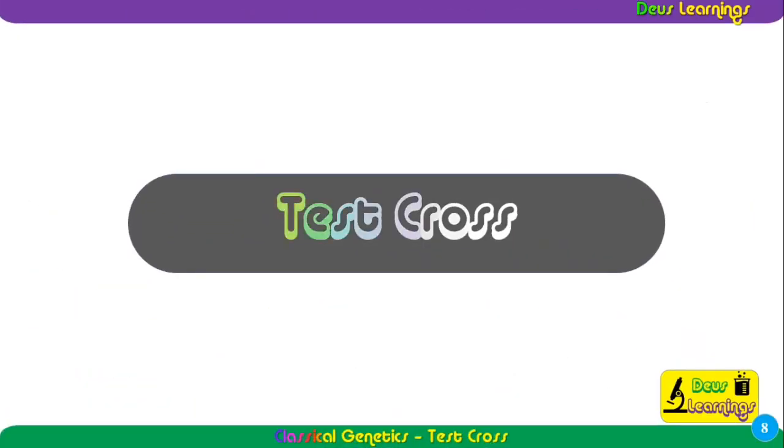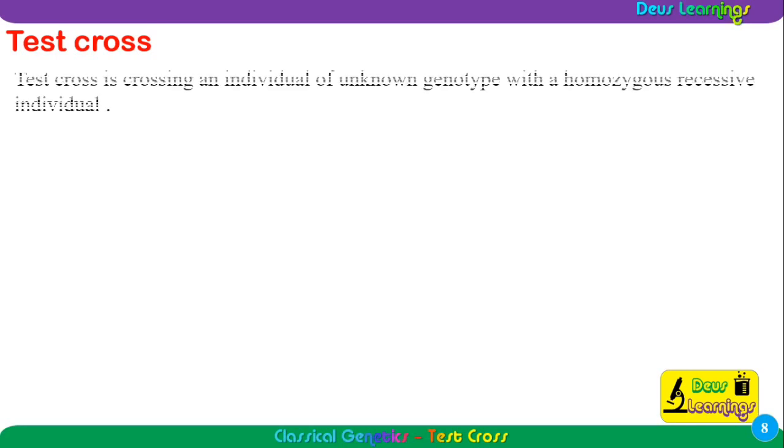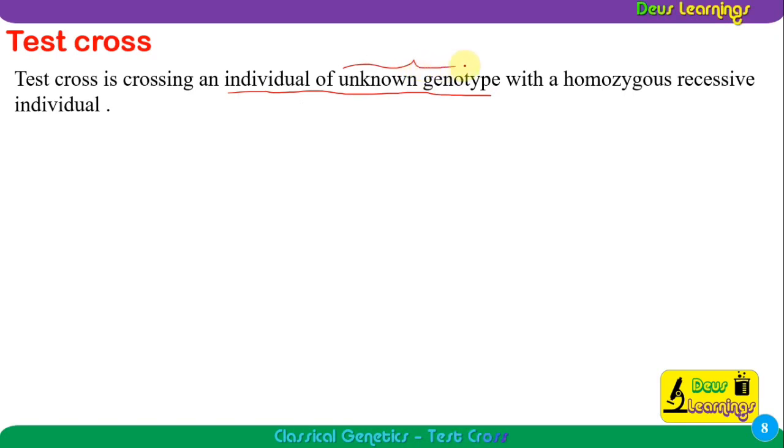Okay, so now the next one is the test cross. In a test cross, the word itself says it is a test of something, right? The condition is that you have an individual with unknown genotype, and we want to find the genotype of this unknown individual.